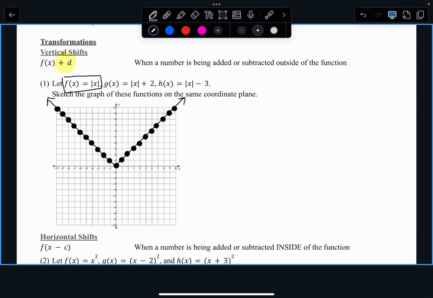So this is our parent function. That's f of x.